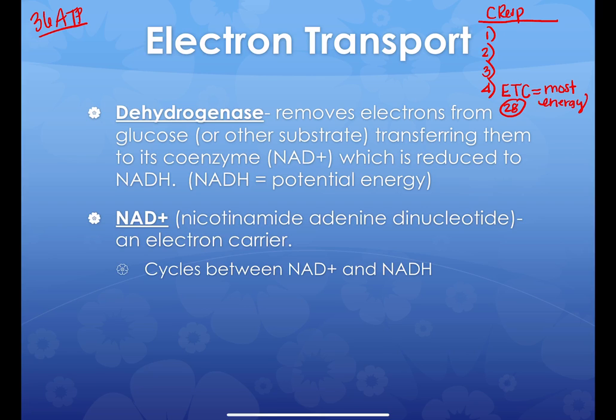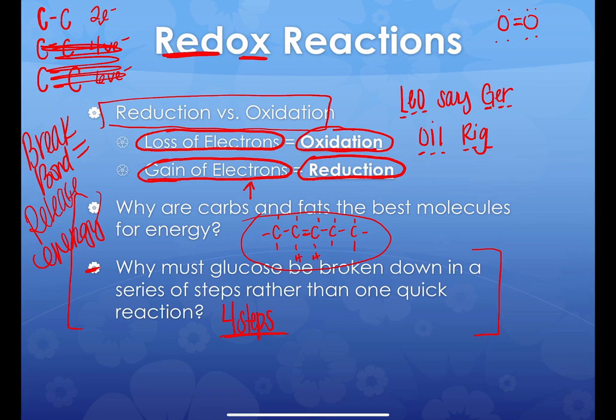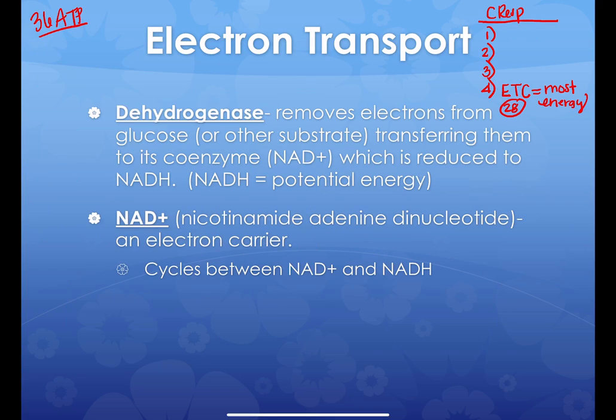So, because this is a series of oxidation and reduction reactions, we have these electrons. Remember that things are constantly losing electrons and gaining electrons. We have electrons that need a little guidance, okay? And so we have molecules that are known as electron carriers.